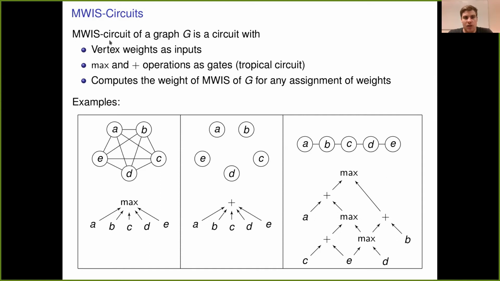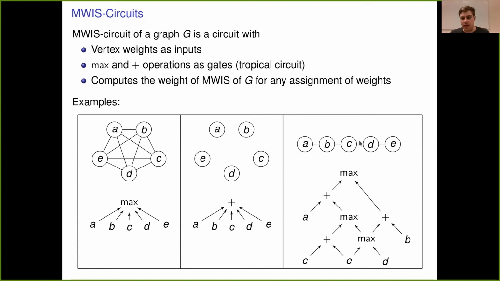An MWIS circuit of a graph G is a circuit that takes as inputs the vertex weights associated with the maximum weight independent set problem, and then it computes with max and plus operations. So it combines the weights with max and plus operations. The weights are some numbers, and finally it outputs some output.